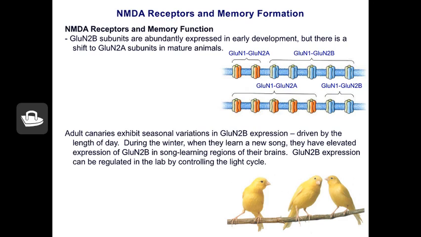Okay, but based upon this and other bits of information that were available about the GluN2B subunits and the switchover to GluN2A later on, Yaping Tang and Zhou Qian's lab examined the possibility that the GluN2B subunit actually conferred a learning advantage.